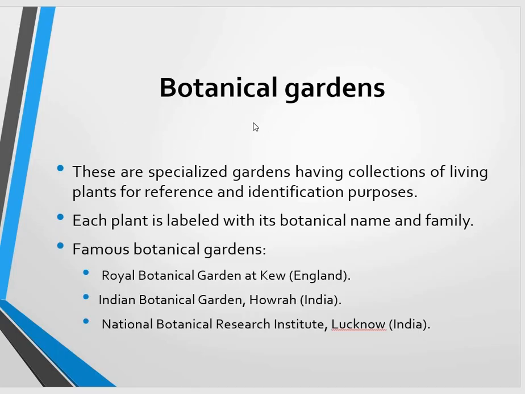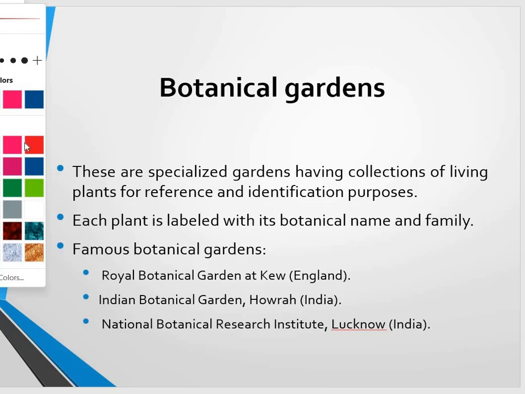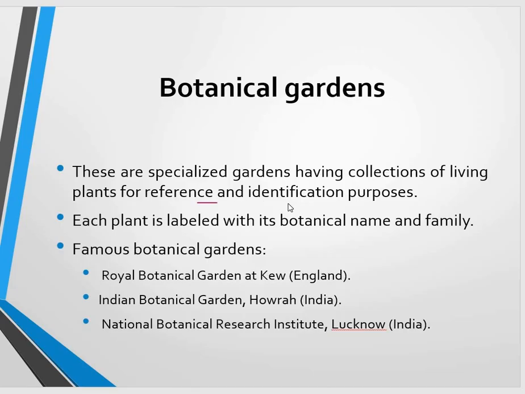One taxonomical aid is botanical gardens as well. These are specialized gardens which have collections of living plants for reference and identification purposes. So they are maintained gardens having the collection of living plants from different habitats, and each labeled plant will have its botanical name, family, and other related information.